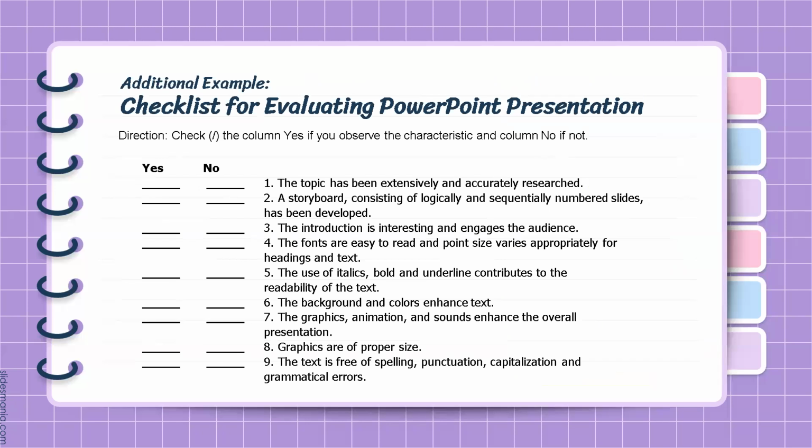So let's examine the statements, whether they are aligned with the purpose, which is to evaluate the PowerPoint presentation. Number one, the topic has been extensively and accurately researched. That is aligned with the purpose. Second, a storyboard consisting of logically and sequentially numbered slides has been developed. That is also aligned with its purpose, which is to evaluate the PowerPoint presentation.